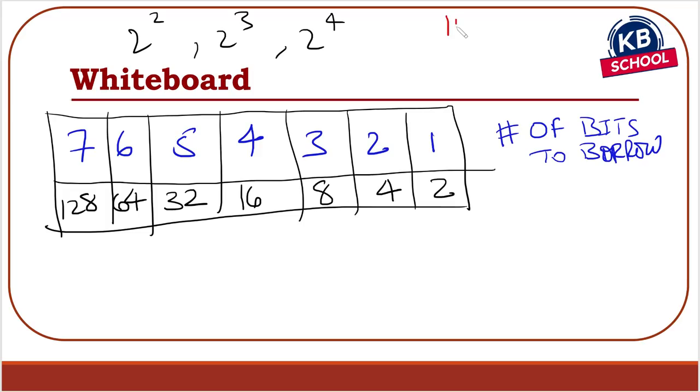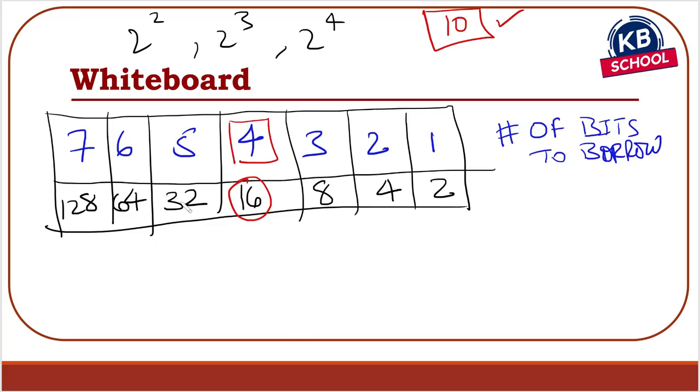So if I needed 10 networks over here, 1 bit would only give me 2. 2 bits will only give me 4. 3 bits will give me 8. I need 10. So I need to go to the next level, which is 16. So I'll borrow this number of bits. 4 bits, I'll get 16 networks, which satisfies my requirement. 8 would not satisfy it, so I would need to borrow 4 bits.